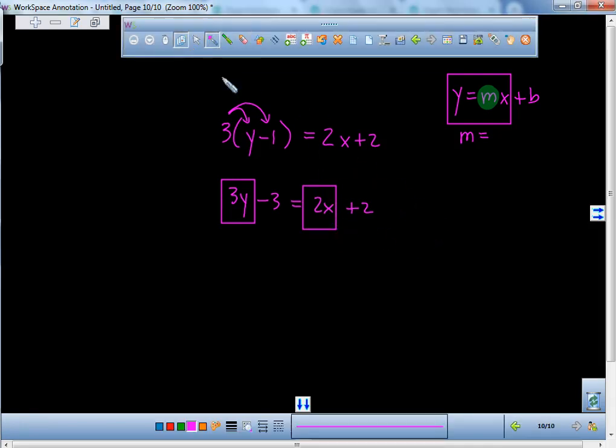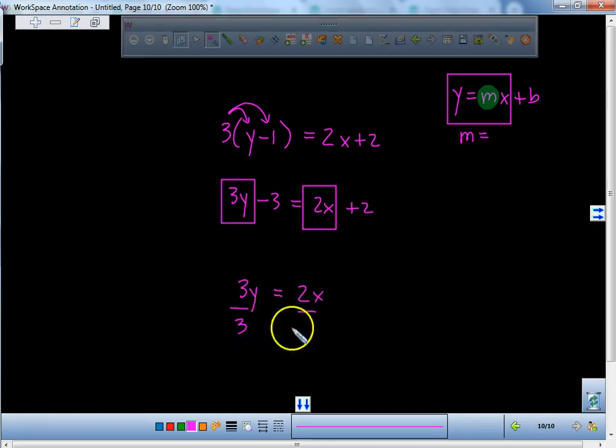Just focus on the 3y equal to the 2x. Then what would we divide both sides by? We would divide both sides by 3. Those cancel out. And what are you left with in front of the x? A 2/3. That's why your answer is 2/3.